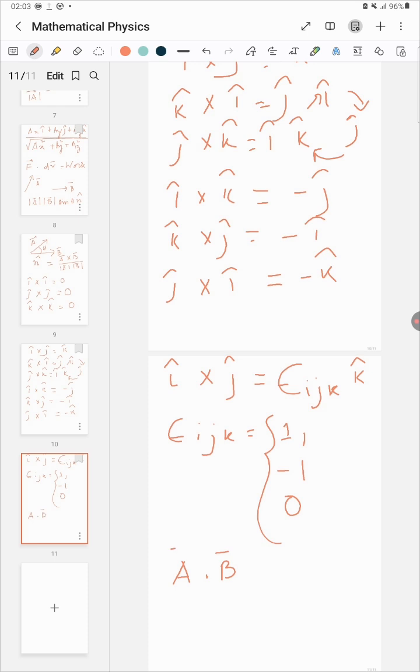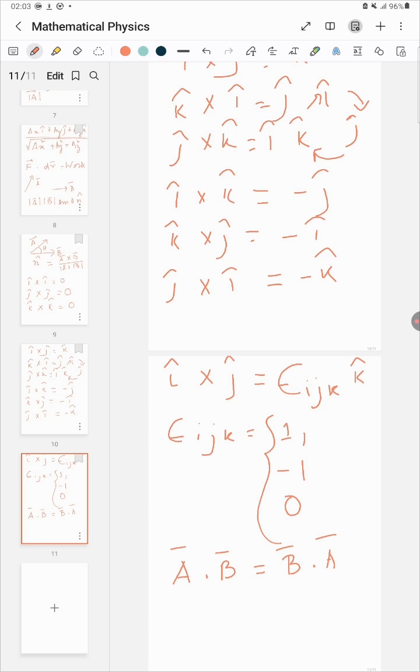In scalar product, if A dot B is equal to something, then B vector dot A vector will also be equal to that thing. That is, A dot B gives the same value as B dot A. There is no change in the value of A dot B or B dot A. So it basically gives the same answer.